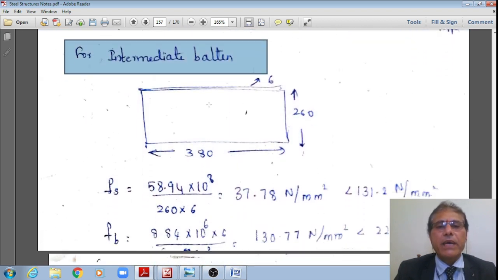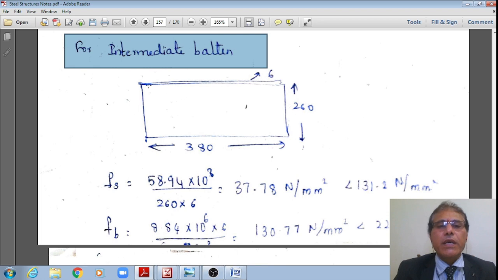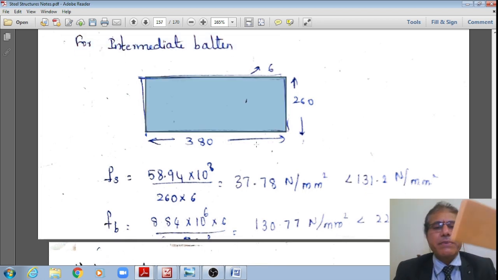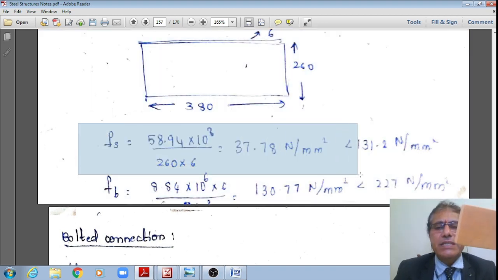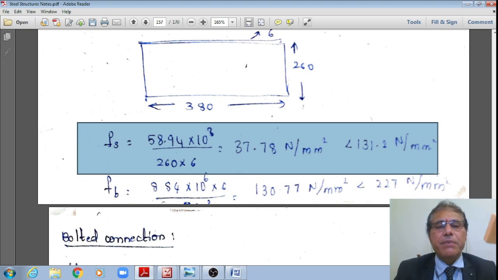Intermediate batten, whose size is 380 divided by 260 divided by 6. Therefore, the actual shear stress, as explained in the previous case, is equal to 58.94 times 10 to the power 3 divided by 260 multiplied by 6. It works out to 37.78, which is much less than the permissible shear stress of 131.2.